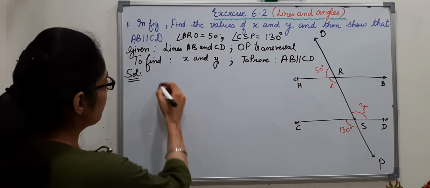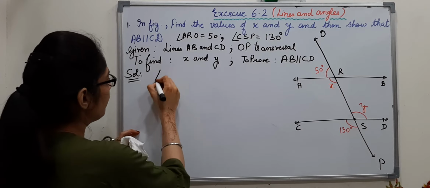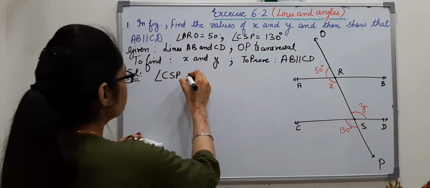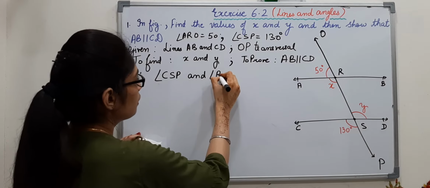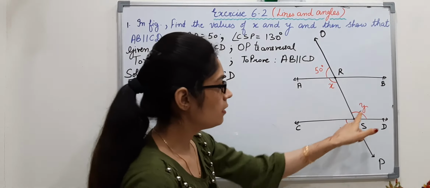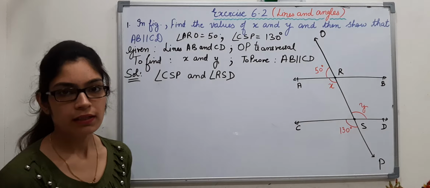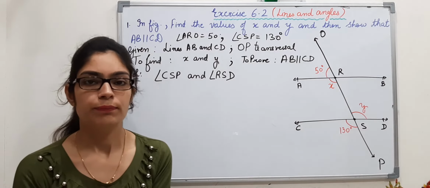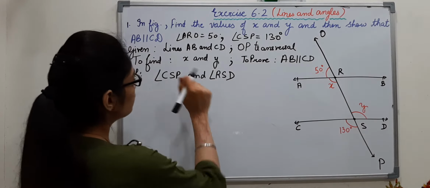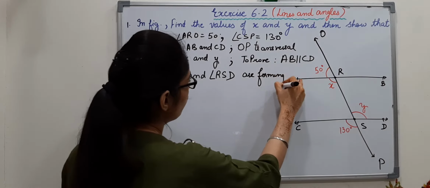Now if we see angle CSP and angle RSD, these two angles CSP and RSD, which means y. These two angles are forming a pair of vertically opposite angles, and we have already done in theorem 6.1 that vertically opposite angles are equal to each other. So we can mention angle CSP and angle RSD, they are forming a pair of vertically opposite angles.